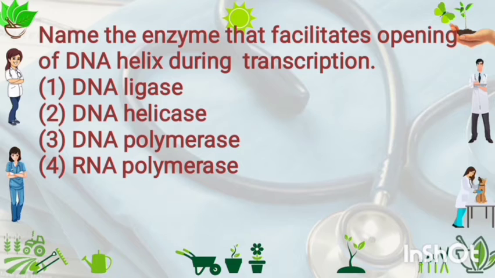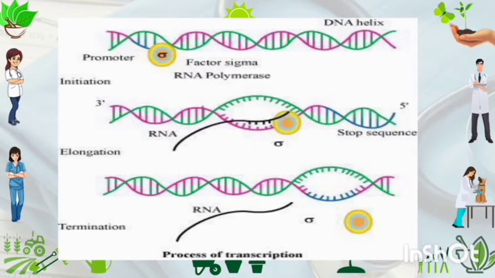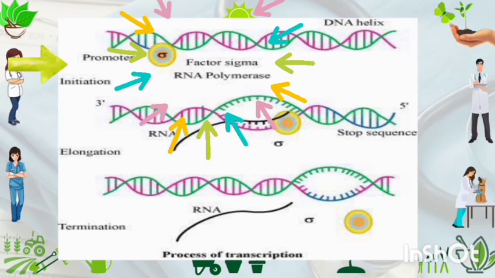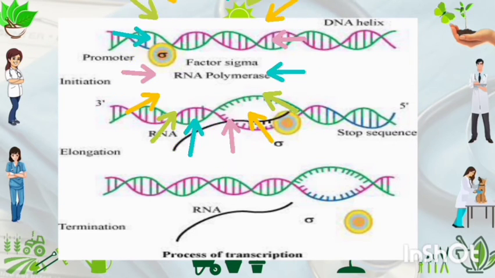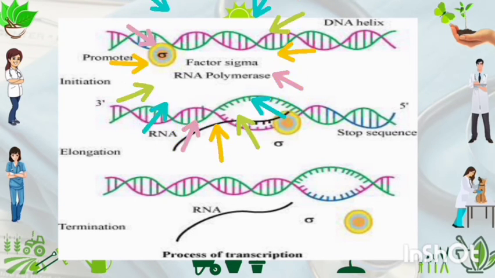Name the enzyme that facilitates opening of DNA helix during transcription. DNA ligase, DNA helicase, DNA polymerase, RNA polymerase. Let's see the process of transcription. During the initiation phase, the RNA polymerase holoenzyme binds to the promoter region of the transcription unit.